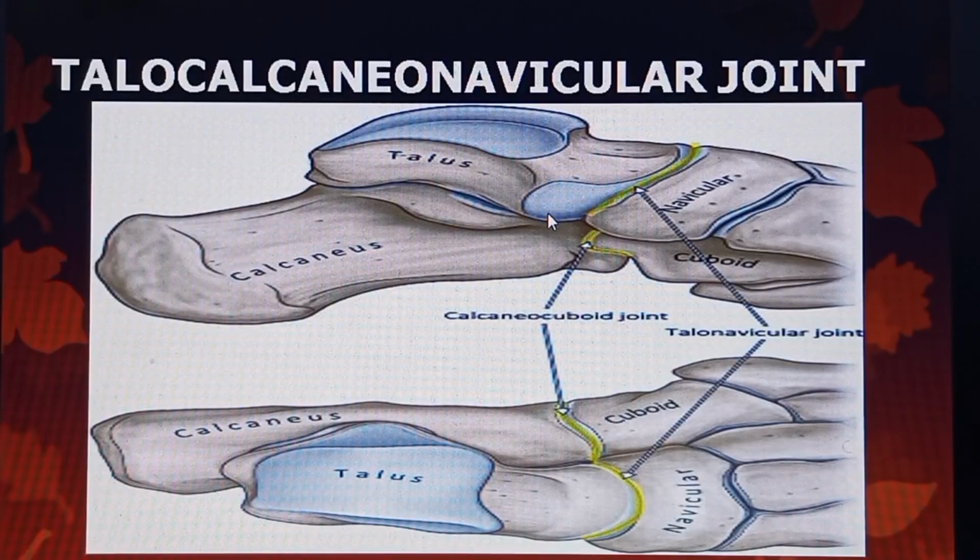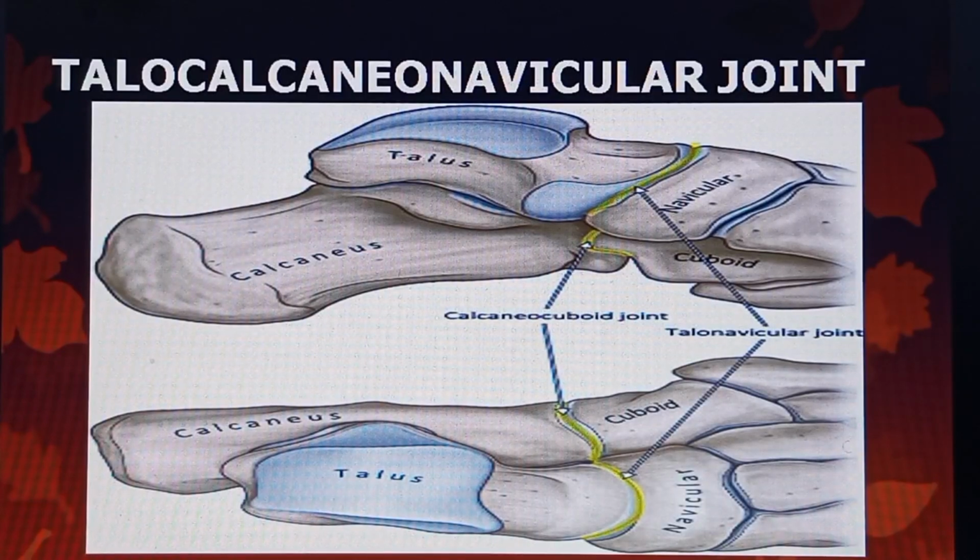Just like palmar flexion is a real flexion, and dorsiflexion in the upper limb, occurring at the wrist joint, is the extension. So please understand all these movements taking place over there. I want you to understand that this talocalcaneonavicular joint is also a ball and socket joint. I want you to appreciate that.